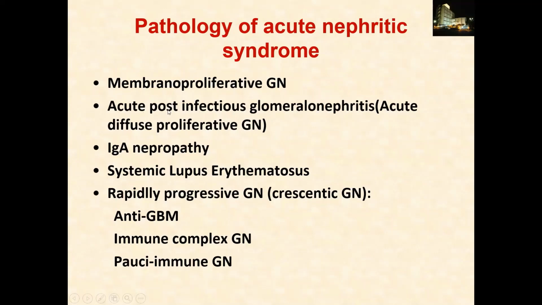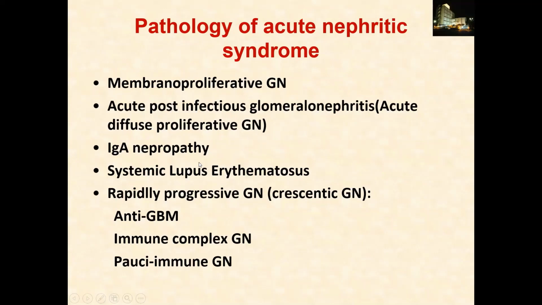Second item, we have acute post-infectious glomerulonephritis, and post-infectious is an old name. The most commonly used updated name is acute diffuse proliferative GN. IgA could be presented by nephritic syndrome.